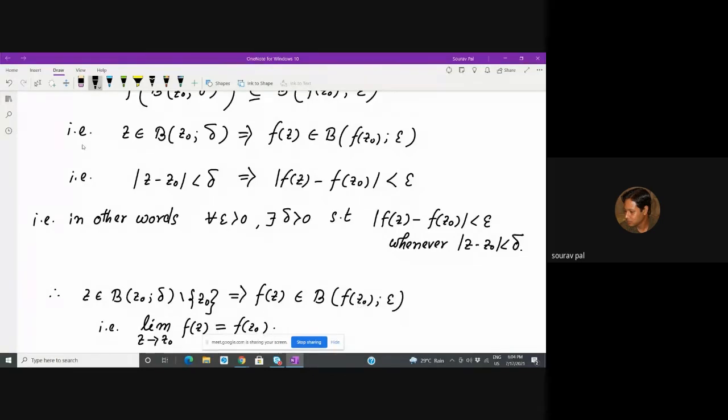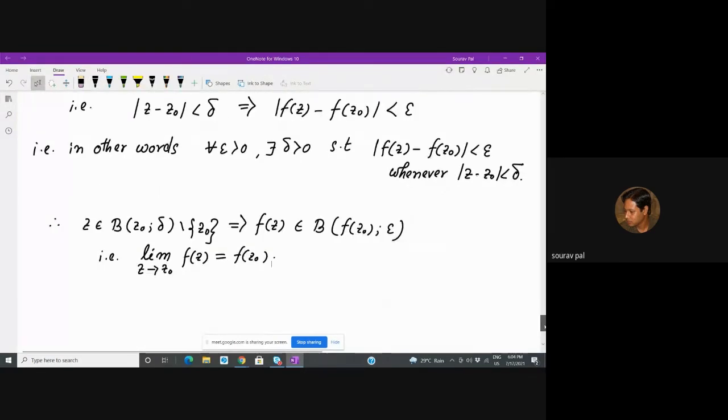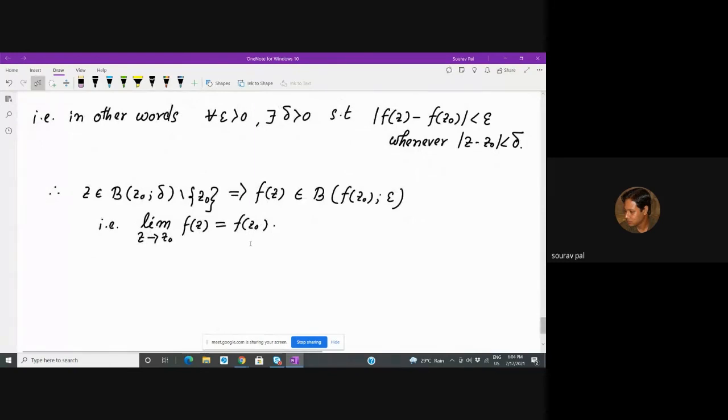So the continuity can be interpreted in terms of this limit.